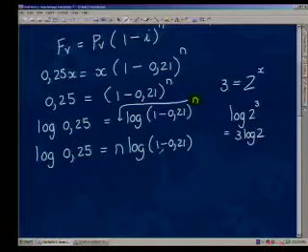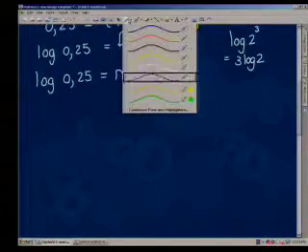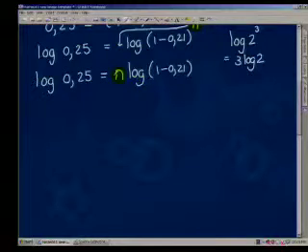Okay. Now what are you going to do in order to isolate the n? Because remember, our target is to solve for n. So what are you going to have to do to isolate n? What are you going to have to do to both sides? Divide it through by... I'm not too sure.